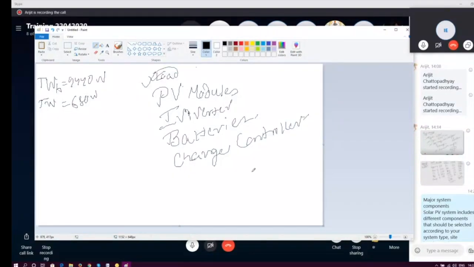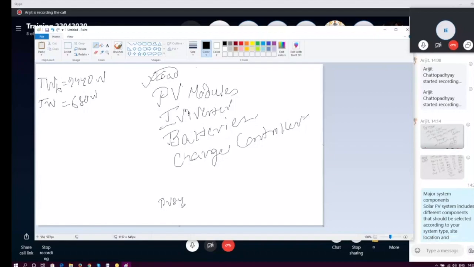Right? While doing the PV system analysis, we need to ask the customer if they have any generator or other auxiliary source. If the customer has a generator, it is possible that the battery requirement might go down.